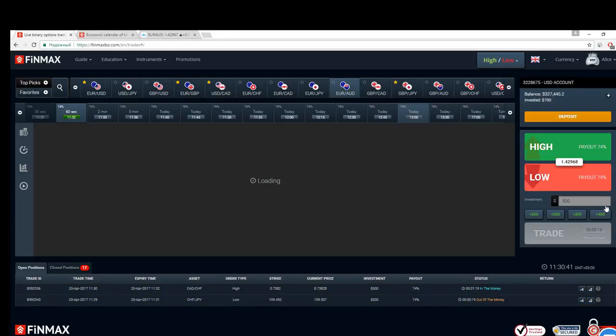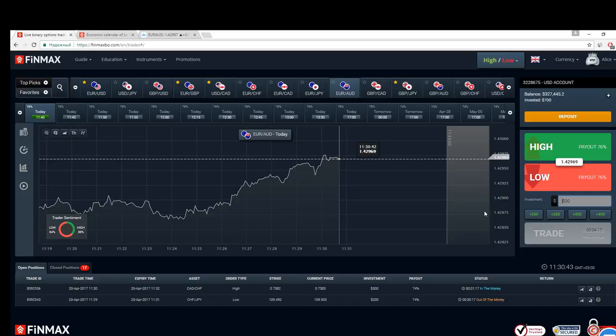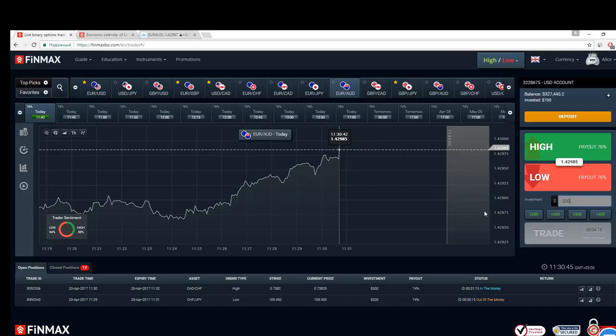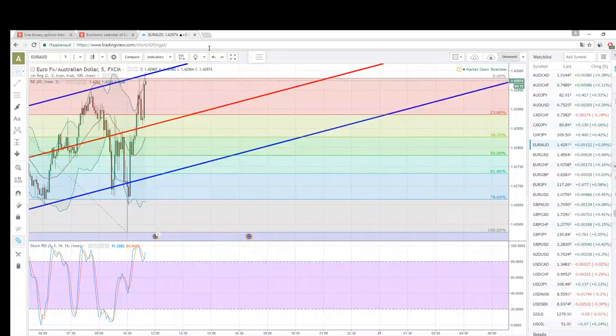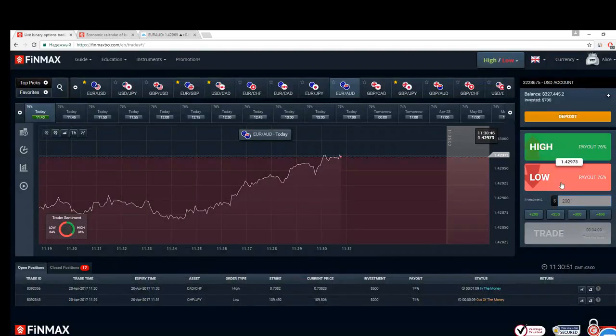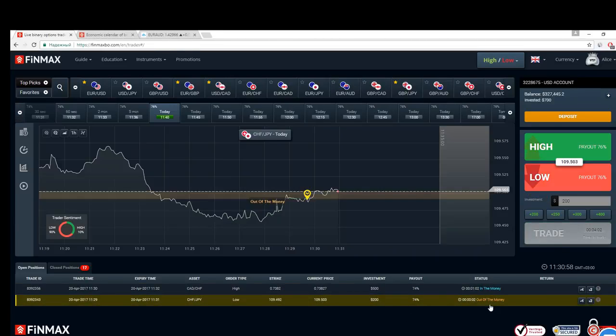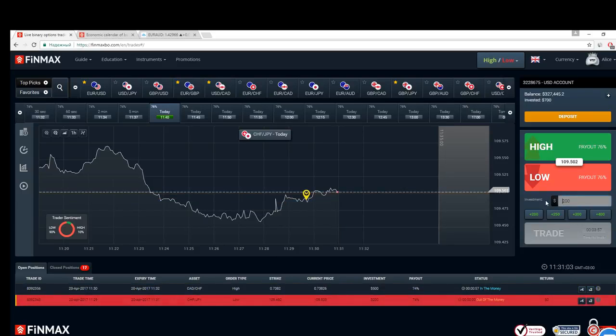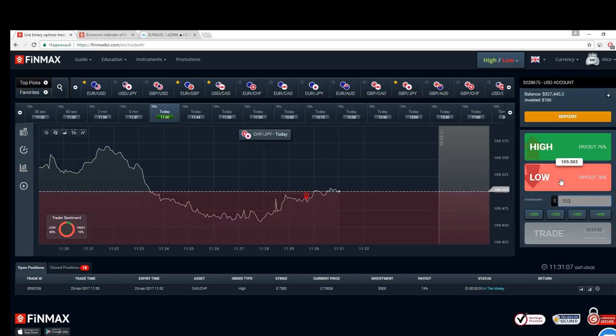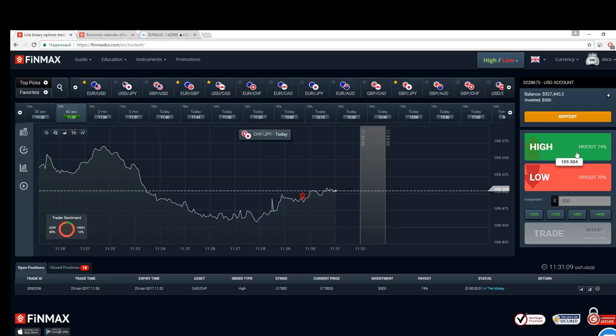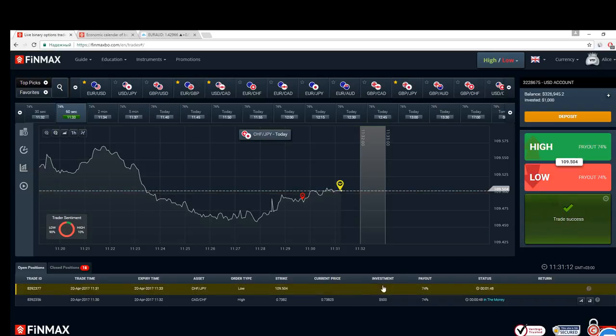Euro to Australian for low, in 10 minutes. Probably I'm not ready to enter for such a long period. Okay, here we had low, so we need to open the second, for low.